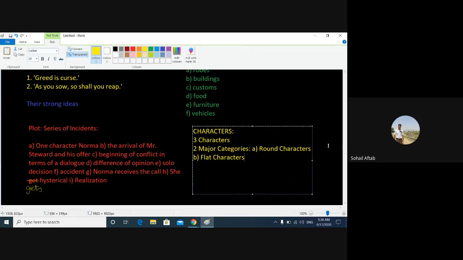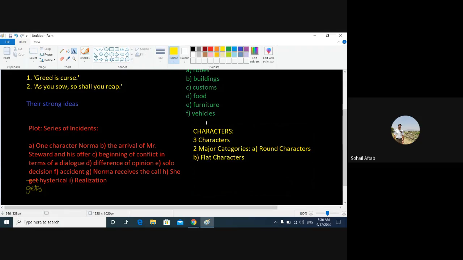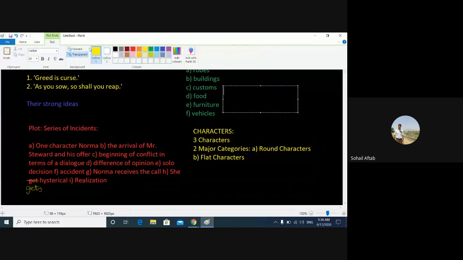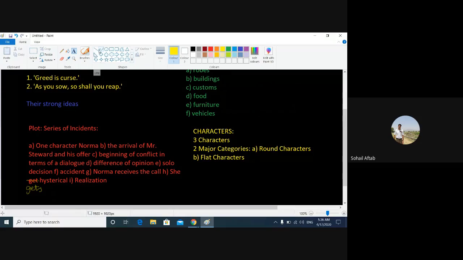Now here, round characters are those characters who change with time. They keep changing. Let us underline round characters.